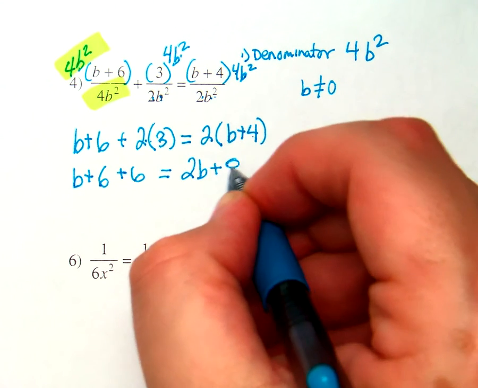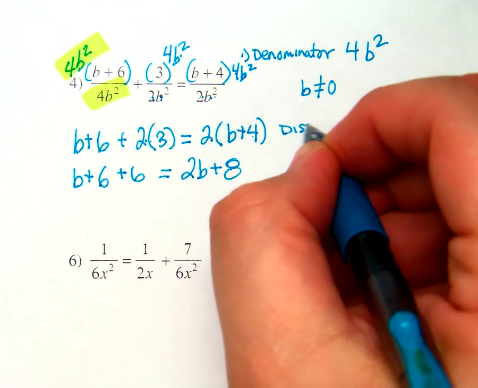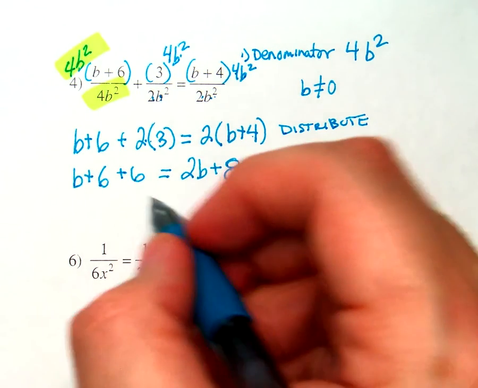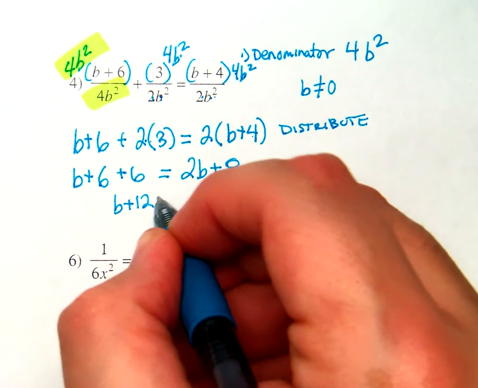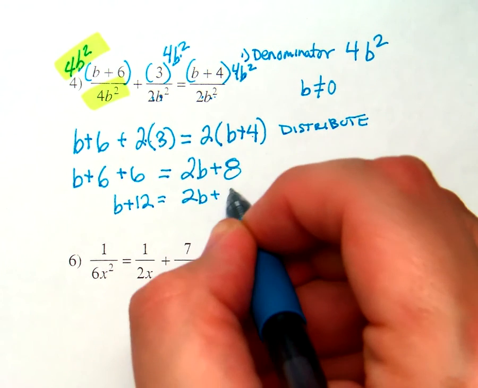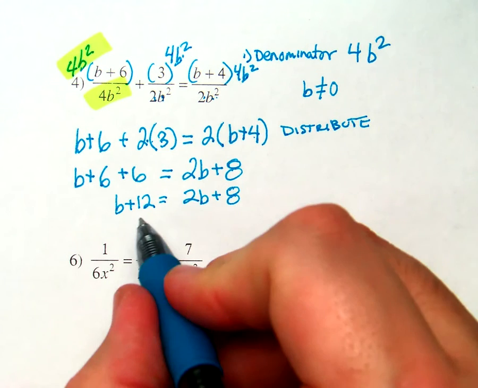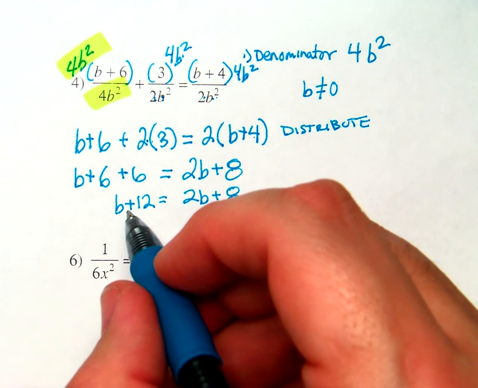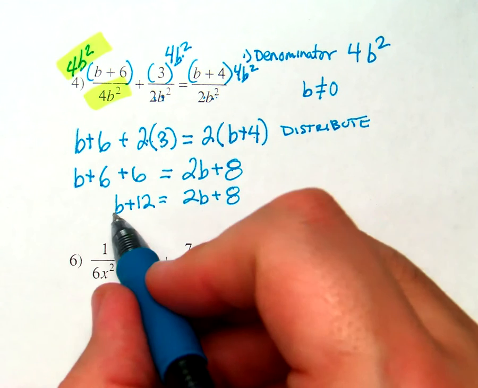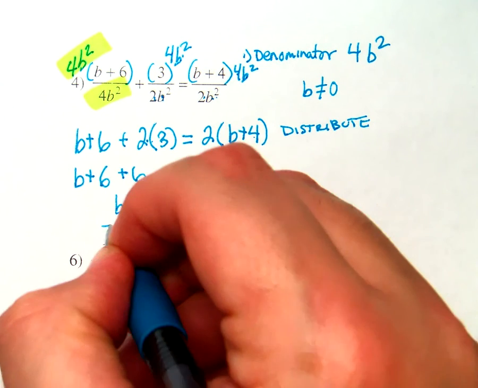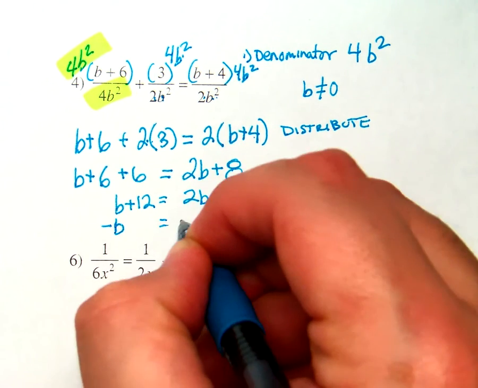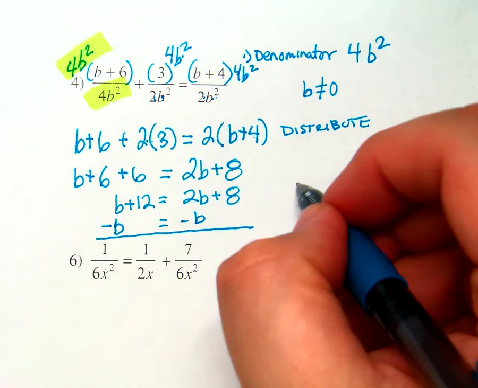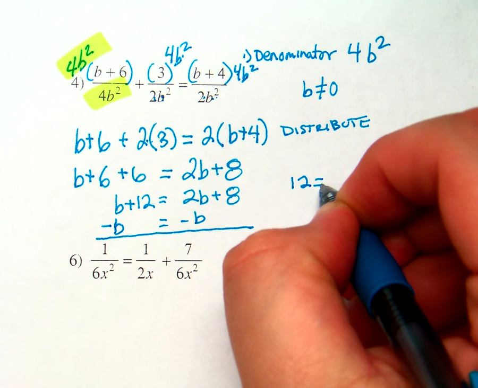So, yep, b plus 12 is equal to 2b plus 8. Now, what would I do to keep the b's positive? Or change 8 to the other side. Well, if I subtract the b, we get 1b and subtract 8. So 12 is equal to b plus 8.